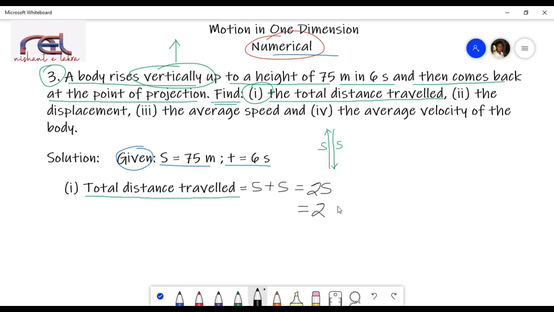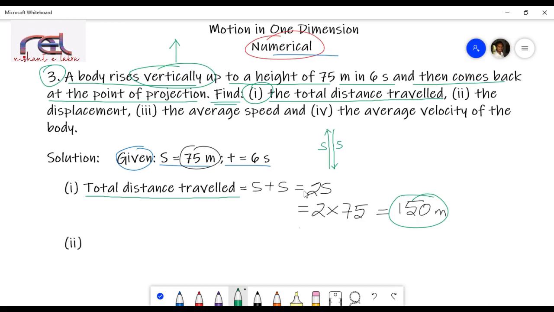Now we'll just replace the values. 2 into distance that it moved is 75 meter, and when you calculate this, you will get the answer as 150 meters. So this is the total distance traveled by the body.